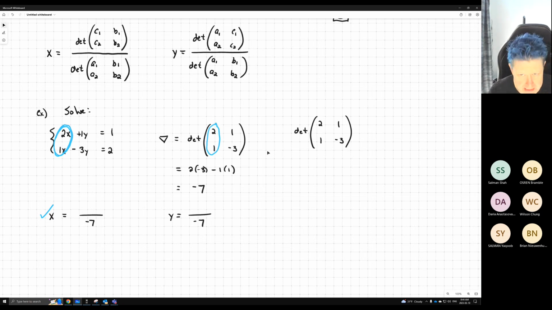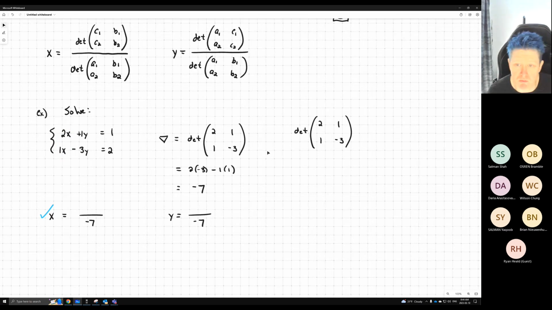I'm going to erase the 2 and the 1. Okay, you'll see that I erased the 2 and the 1. In place of the 2 and 1, I'm going to put the right-hand side portion. That's the 1 and the 2.